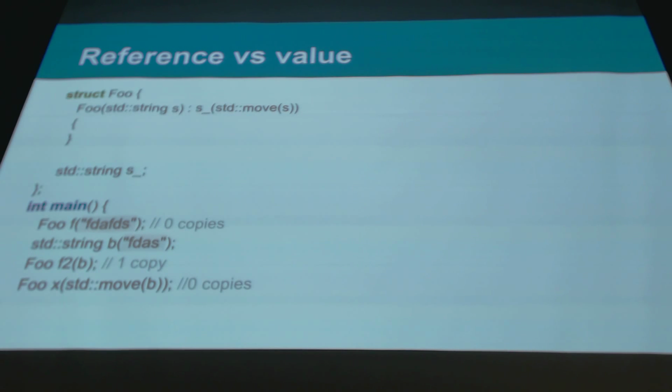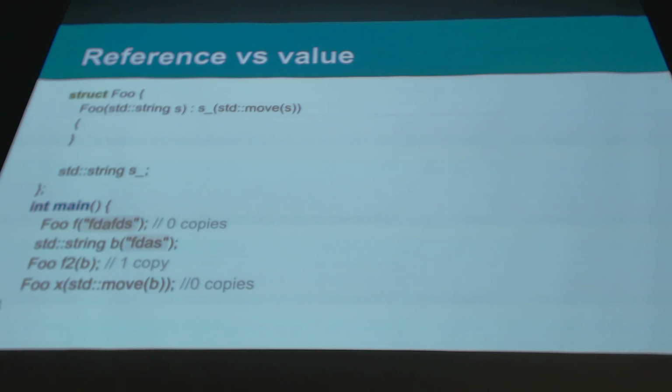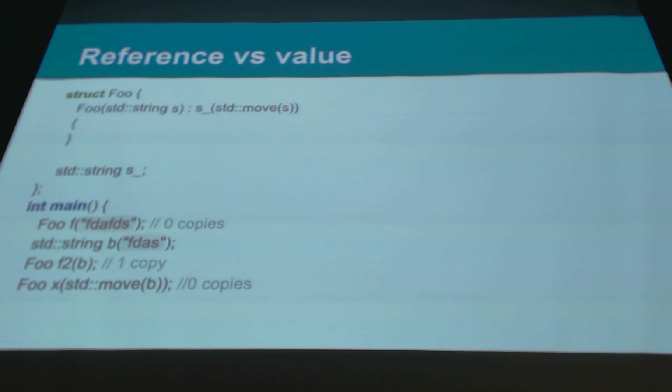Okay, so let's go back to the references. As I said, there is a much better way to deal with many cases where we want to handle Rvalue references and Lvalue references: by just taking by value. Because what we want to do is copy something, or if we can avoid a copy, then avoid it.